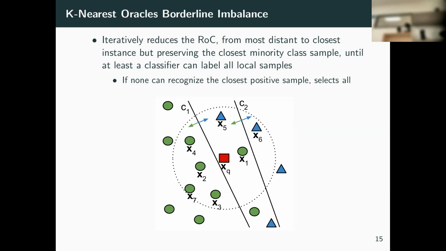And the K-nearest oracle borderline imbalance is similar, but it would keep the closest minority class sample. So in this case, I think it will be a 50.5% chance to select the correct classifier, which is C1.